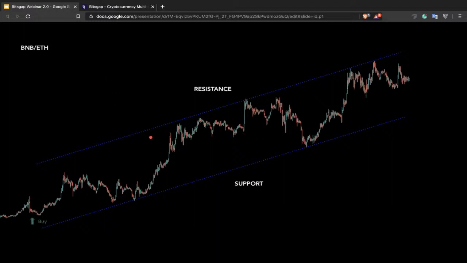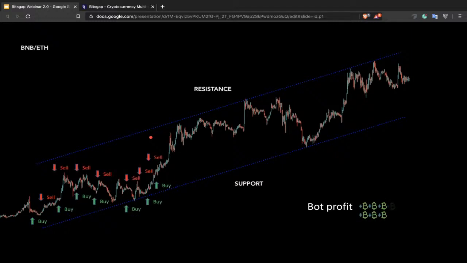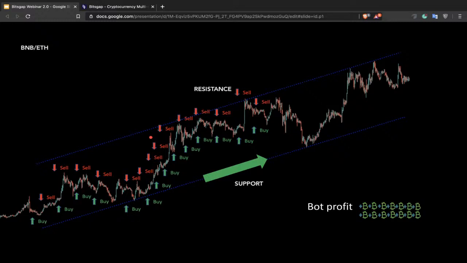So in this case, the bot is going to buy low, sell high. As simple as that. Each time the price action provides an opportunity to buy low and sell high, the bot will seize this opportunity to generate profits for you, like this. So that's our profit generated by the bot. But we are also affected by the positive value change of BNB as the price of BNB is appreciating to Ethereum. So that's the double effect.